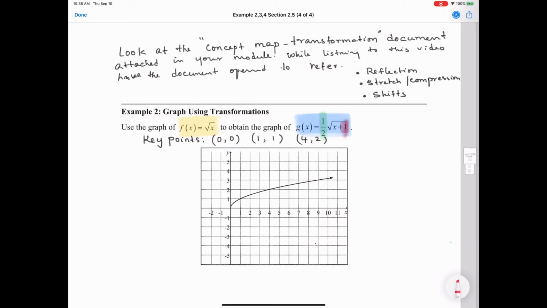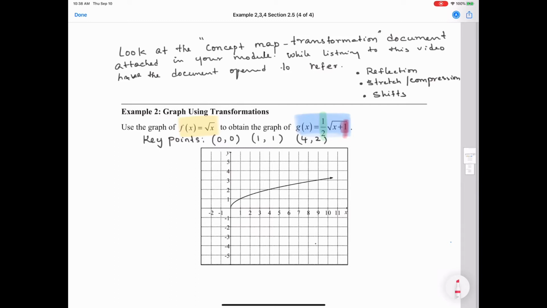Again, for this information, you can watch the concept map documentation attached, where I have explained and written it clearly. How do you identify a horizontal shift? How do you identify vertical compression and so on?